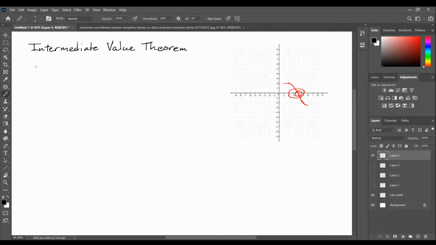If I have f of x equal to x cubed plus x squared minus 6x, and I need to know if there is a real zero between -4 and -2.